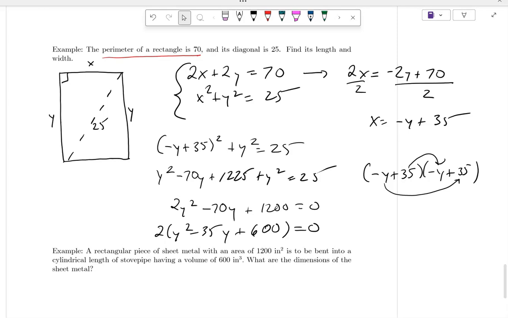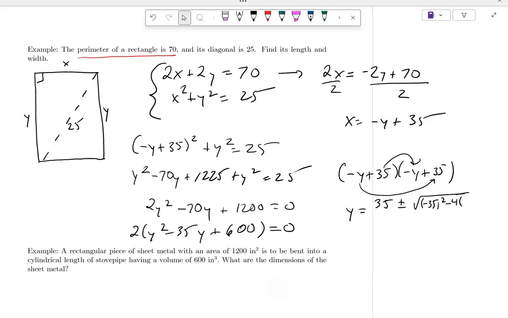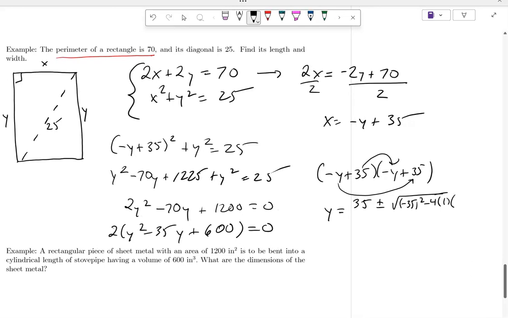So if you use the quadratic formula, what do we have? We have 35 plus or minus the square root of negative 35 squared. Ooh. Minus 4 times 600. 2 times 1. So I just said a minute ago that 35 squared was 1225.